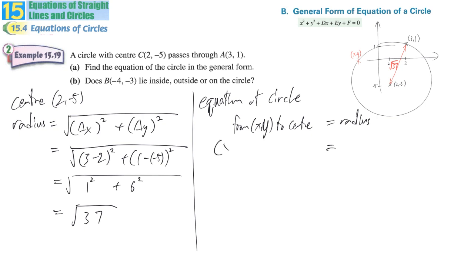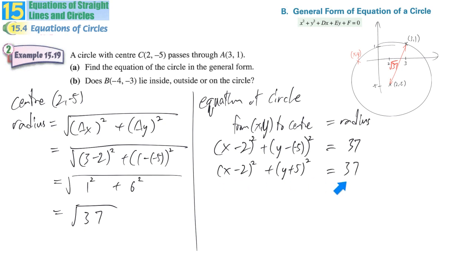That's why we write down (x minus 2) squared plus (y minus -5) squared equal to our radius squared. That means 37 this time. We remove the square root on both sides in the first step usually. Therefore we have (x minus 2) squared plus (y plus 5) squared equal to 37.